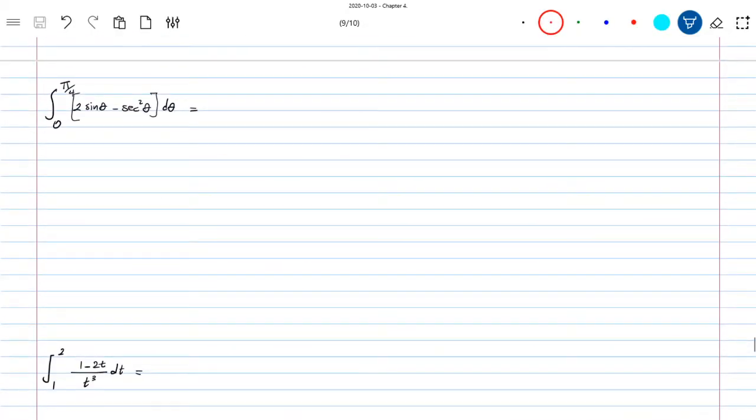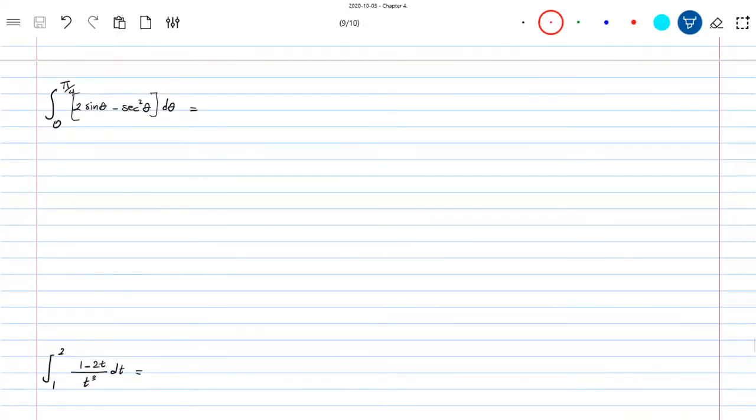Okay, here is one more example. This is an example of what we learned last time, that if you have boundaries 0 to pi over 4, you don't really need that constant. So what we do is find the antiderivative first. What would be the antiderivative of 2 sine theta? It would be 2 times the antiderivative of sine theta. Derivative of what is sine? It's negative cosine.